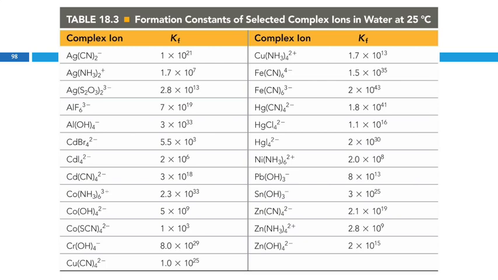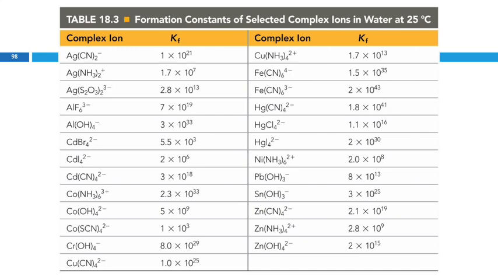So how do we identify a complex ion? Why are these not considered just polyatomic anions? Well, these are all going to have metals in them, right?